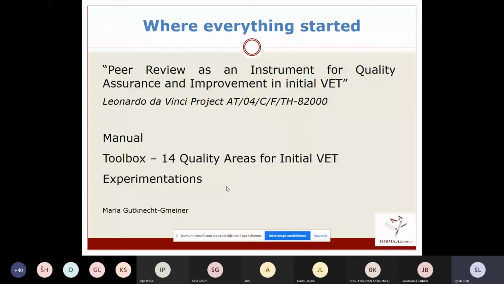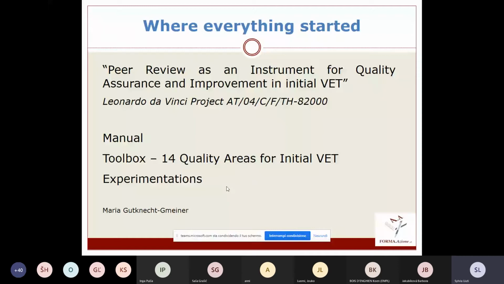So the first manual was designed, explaining the methodology, how it works, and what we already have seen today from other speakers: this cycle from the planning phase until the review one, and the role of peers, and so on.